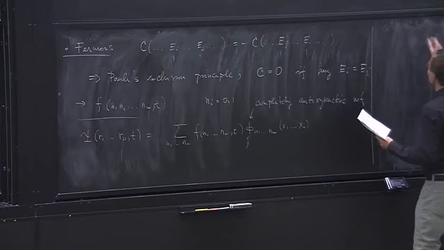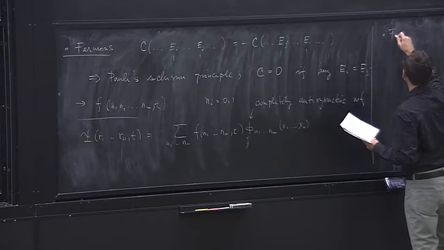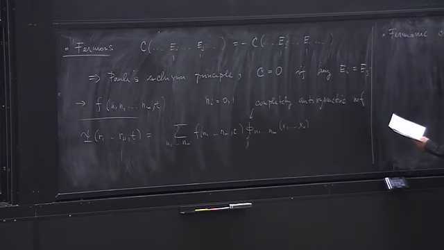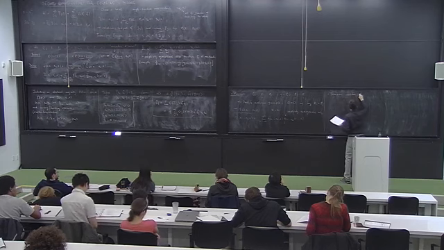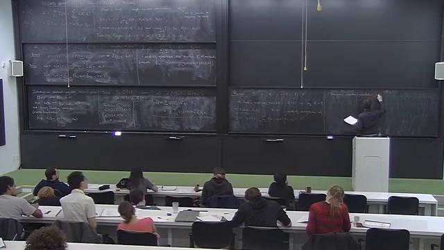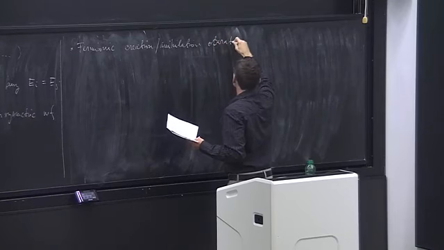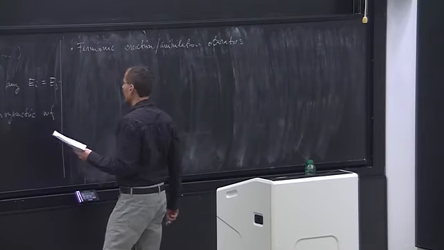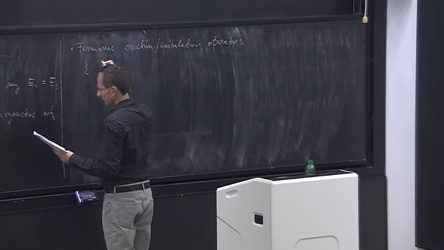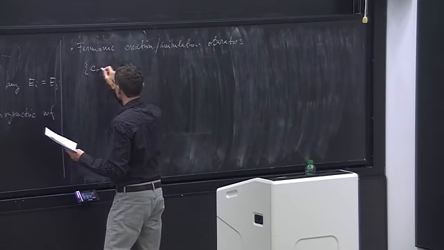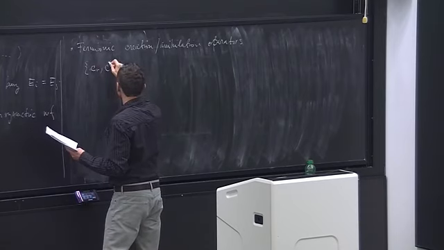So fermionic creation and annihilation operators are given by the following anti-commutation algebra, and we usually use letter C for these operators.